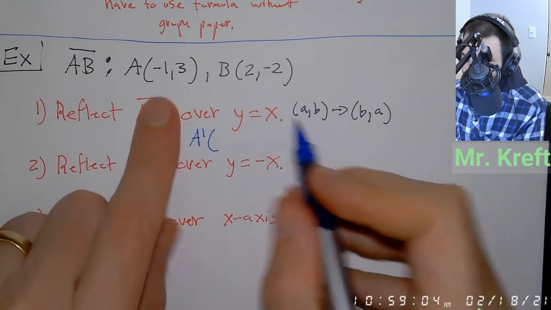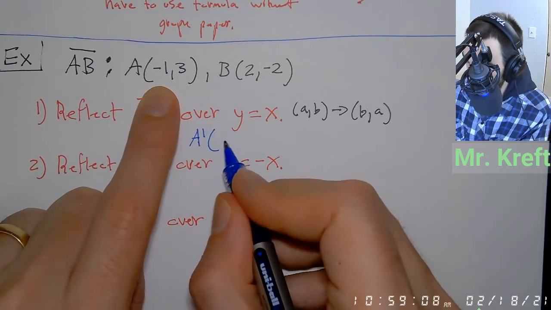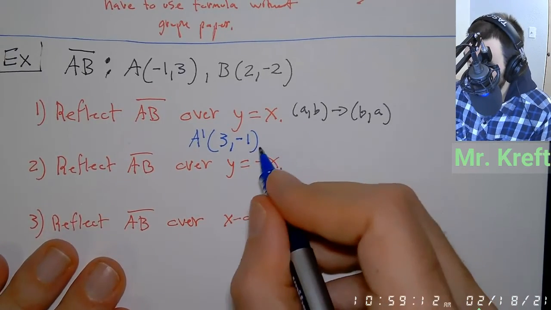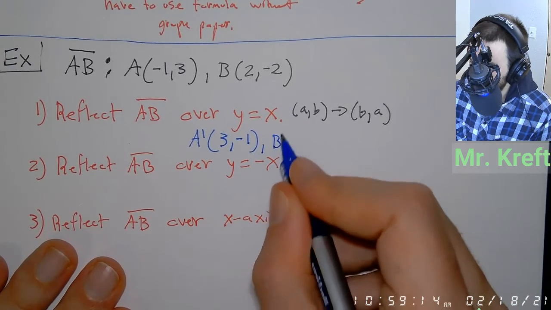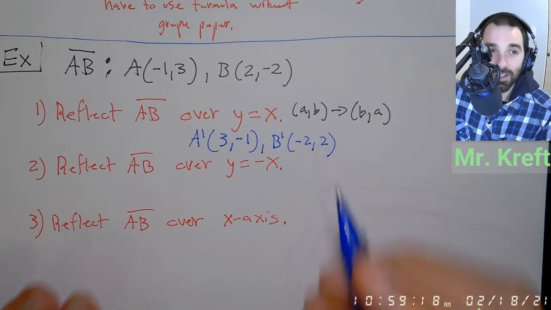When I go to write my A prime, I'm going to take my x and y and switch them. So A prime would be (3, -1). And then B prime is going to be (-2, 2).